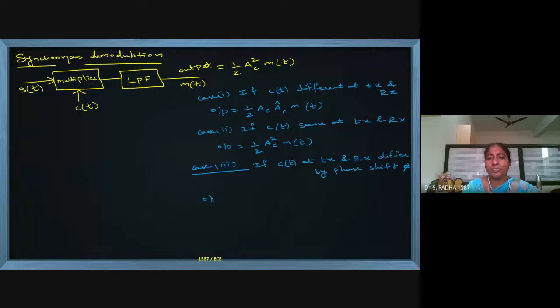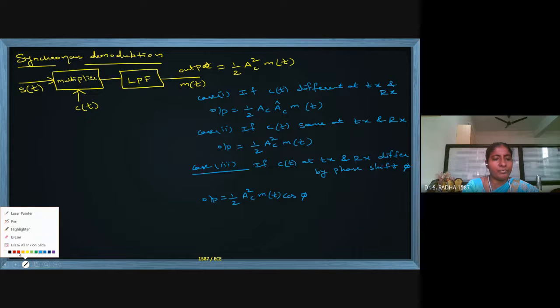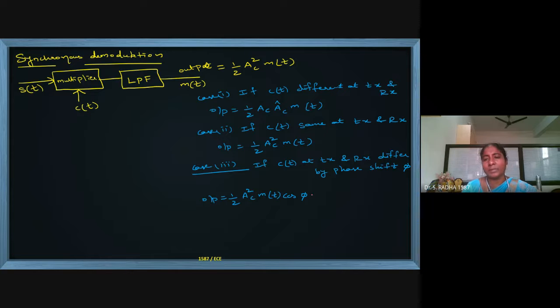In that case, output is nothing but half AC square M of t cos phi. And here again, if at all this phi is 0, what happens? And if phi is 90 degrees, what happens? Phi is 0 degrees, cos 0 is 1. If phi 90 degrees, cos 90 will become 0.